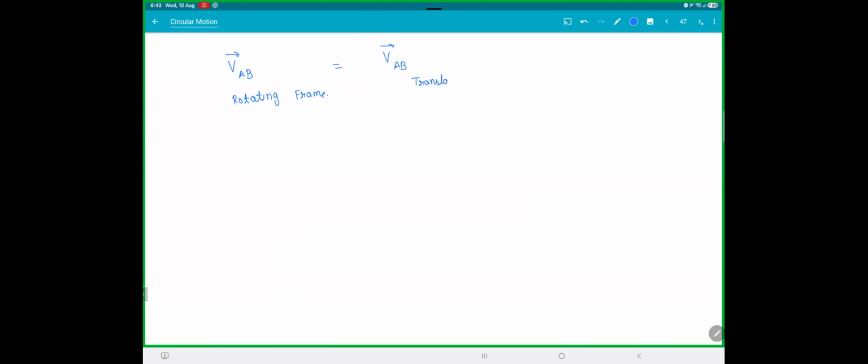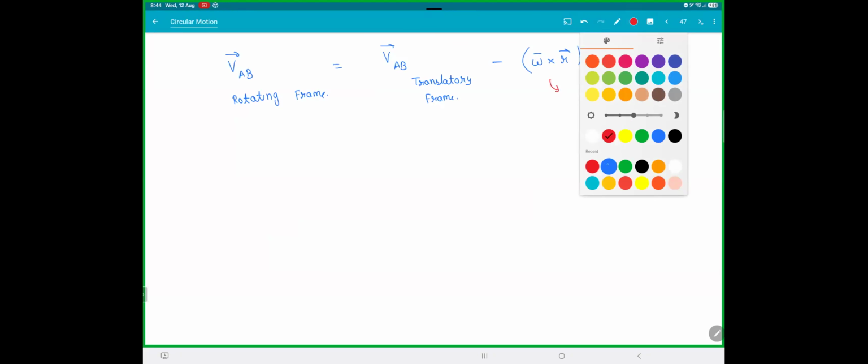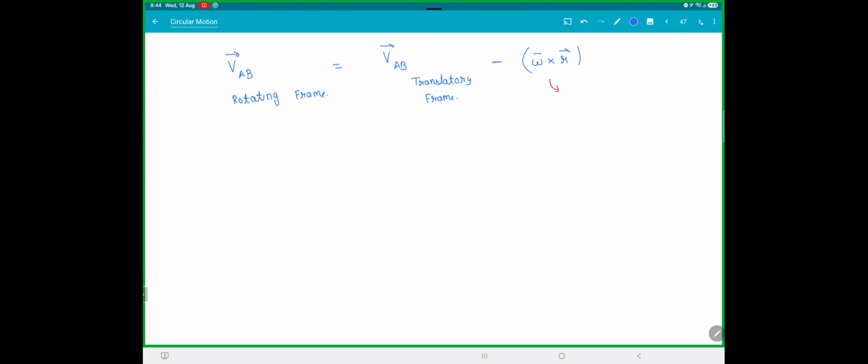This is what we used to do in kinematics, VA minus VB, minus omega cross R cap. So this extra thing is coming. This is the velocity of A as seen by the rotating frame, when B is rotating the head. So this is how you read it: velocity of A as seen by B.